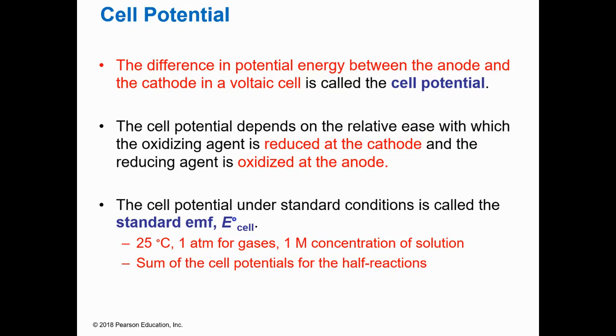And just remember, reduction happens at the cathode, oxidation happens at the anode. And E cell, that's for the whole reaction. And just remember that the little degree sign means standard conditions. So we're looking at 25 Celsius, 1 atmosphere, 1 molar.